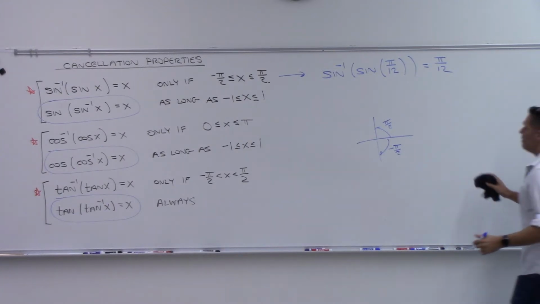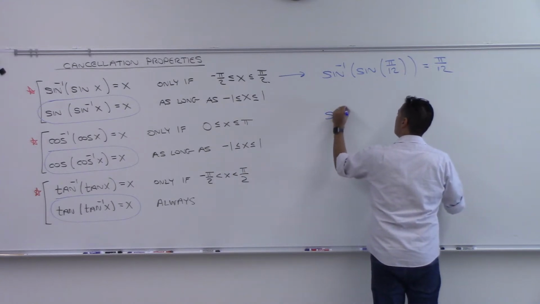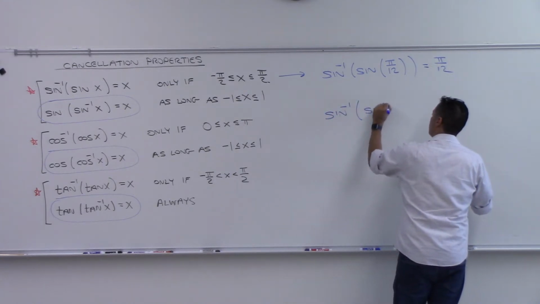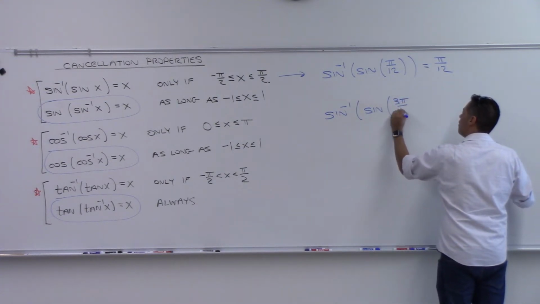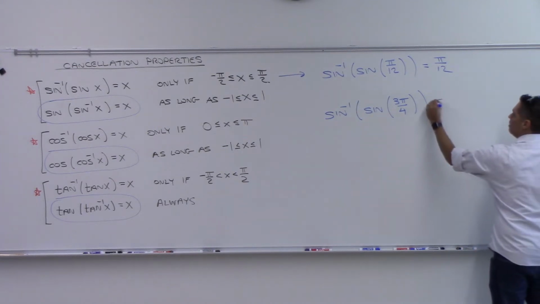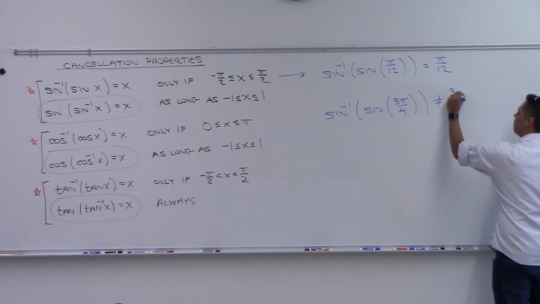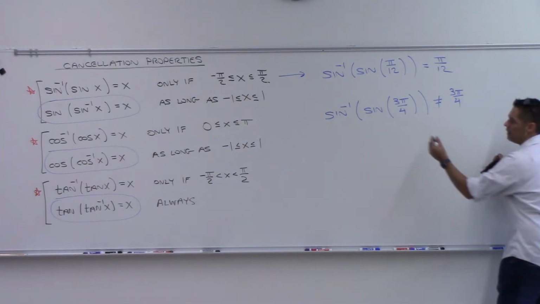But if I give you something like this, sine inverse of sine, I'm going to make sure I give you an angle that we recognize. Sine inverse of sine of 3 pi over 4. This is not 3 pi over 4, right? So remember from last class how to do this? What did I tell you all to do? Yeah, figure out what this is first.